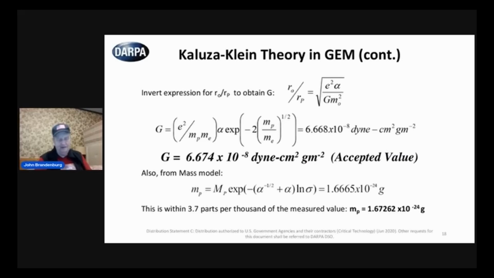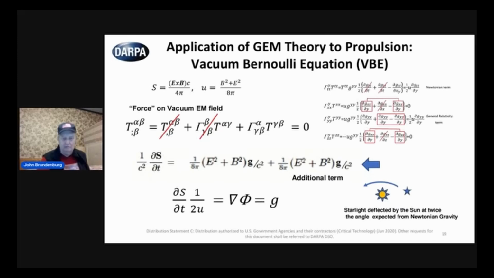I mean, anybody can, if you put enough diddle factors into an equation, get the gravitation constant. But this one does not use any diddle factors. It's a physical derivation. Also, you get the mass of the proton. You can get the mass of the electron too, but the mass of the proton is the simplest, and that comes within 4 parts per 1,000. And the G you can get to parts per 10,000. Next. So this theory is solid.